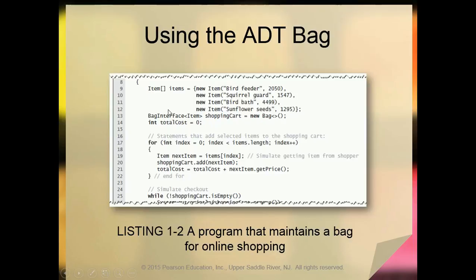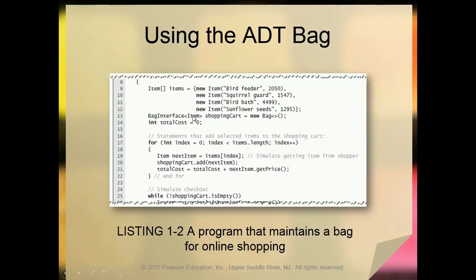What we do is take this item array, and the way we declare a shopping cart is essentially a bag interface with items. Here's the declaration of the shopping cart.